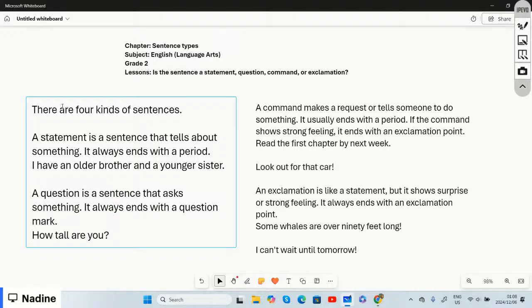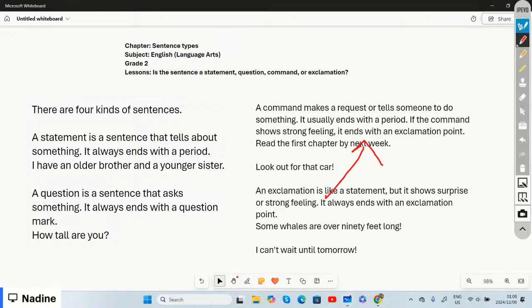So we have four kinds of sentences. The first one is we have a statement. So we have a statement, and a statement is a sentence that tells you about something. Can be anything.